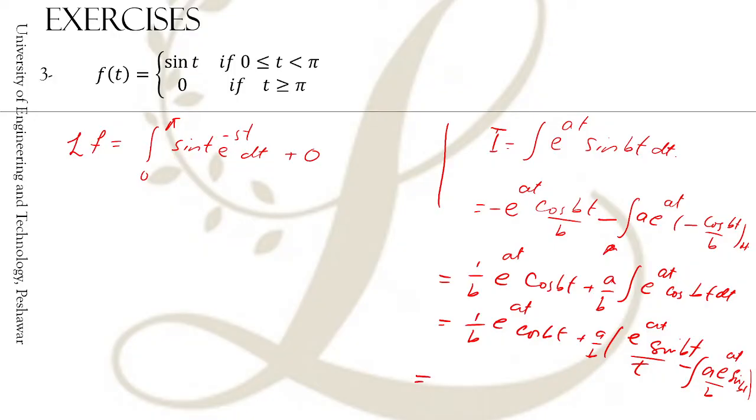And this could be written as 1 over b e power at cos bt plus, this will become a by b square e power at into sine bt, whereas this will become minus a square by b square into I, whereas the left side is also equal to I. Okay, and then you can simply take this from the right side to the left side, this one, to get a square plus b square.